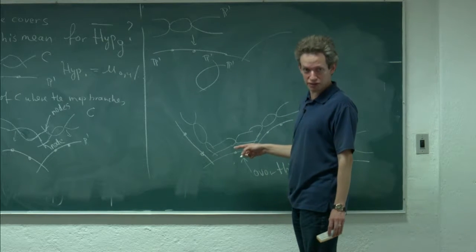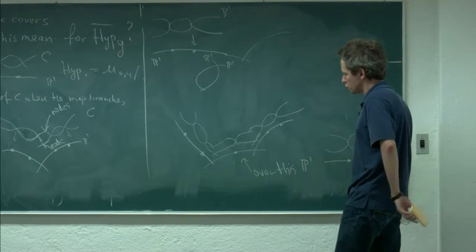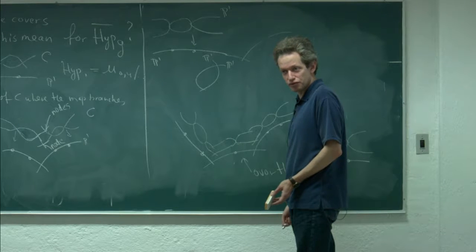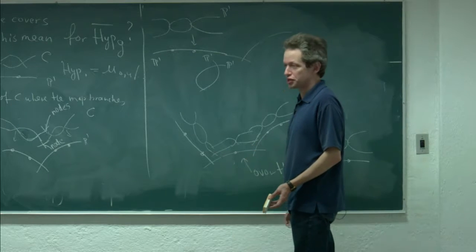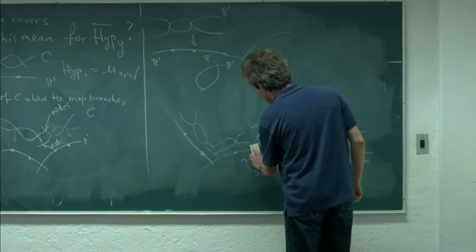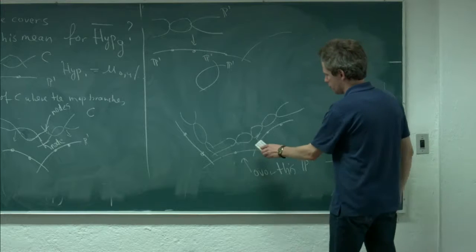And I have to save myself, right? So what should I do? Well, I should somehow create an extra branch point somewhere. Probably I should not create an extra branch point here at a random point of this P1. It makes no sense. So I should rather create a branch point here. Okay?